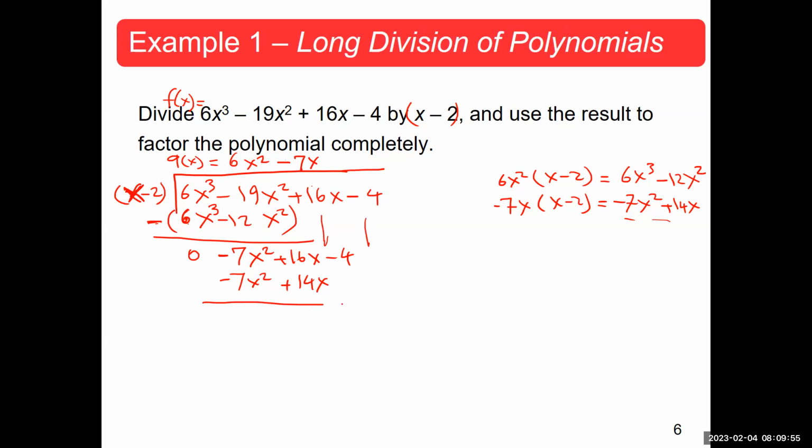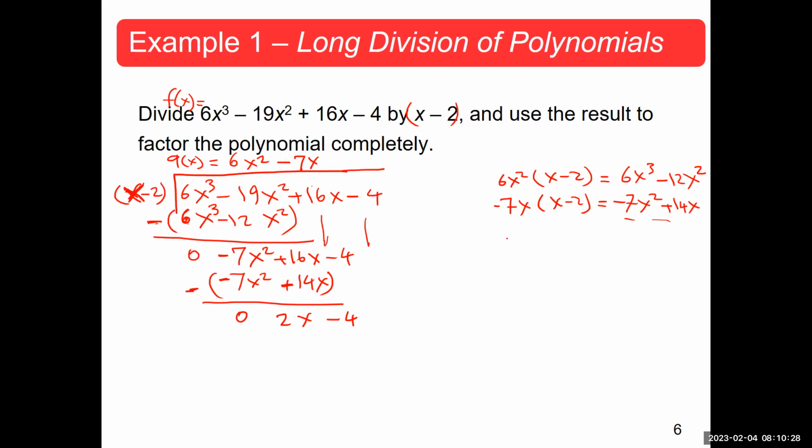Now again, we're going to subtract the bottom from the top. Negative 7 and positive 7 is 0. 16 minus 14 is 2x. Bring the 4 down, negative 4. Same thing: what is the number if I multiply this x? I get 2x, so only 2.